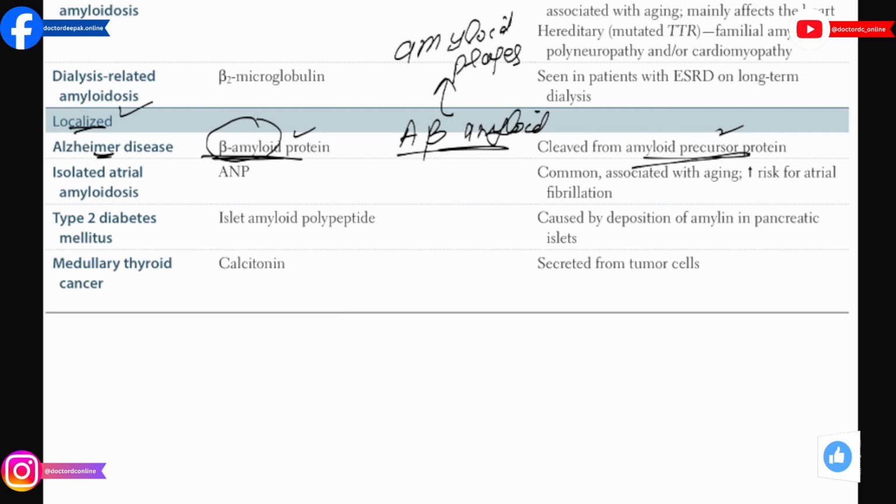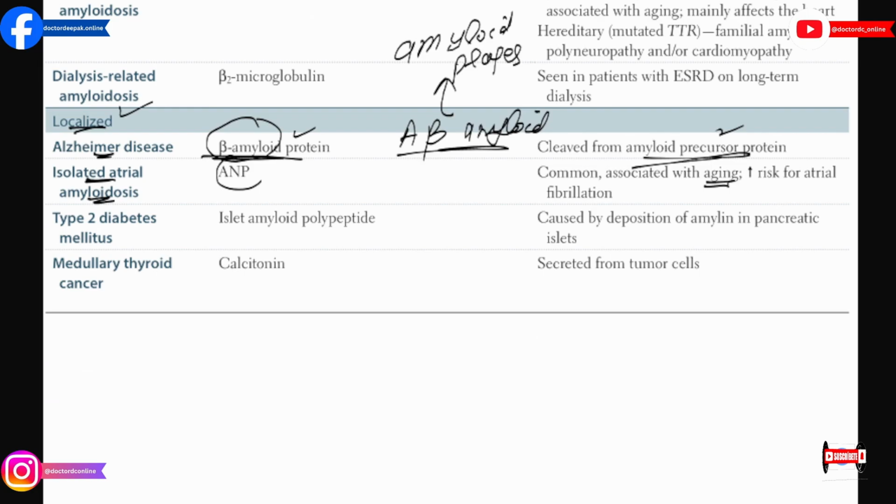Then after that we have the isolated atrial amyloidosis. So what is the meaning of this condition? Basically it is also a condition which is associated with aging.